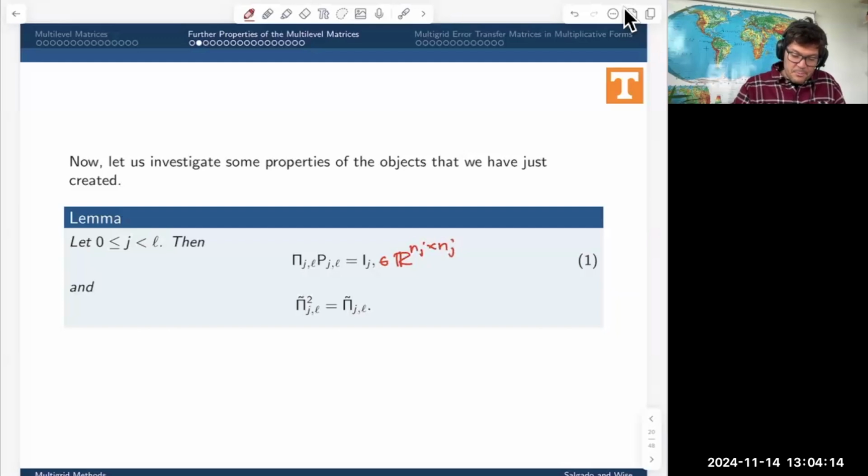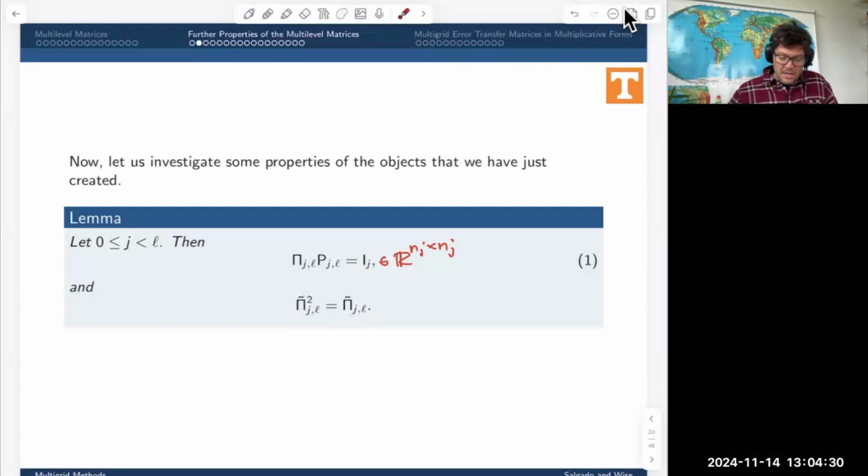An interesting little property there. We can also prove in this little lemma that the pi JL tilde matrix, which is a square matrix, is actually a prolongation matrix.